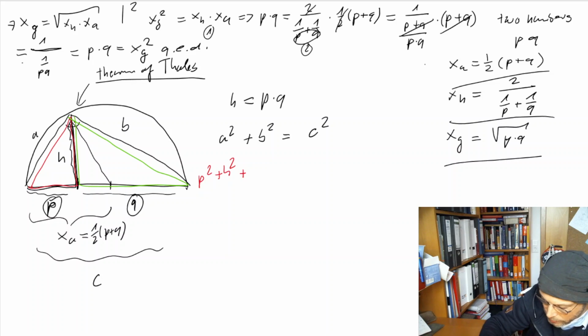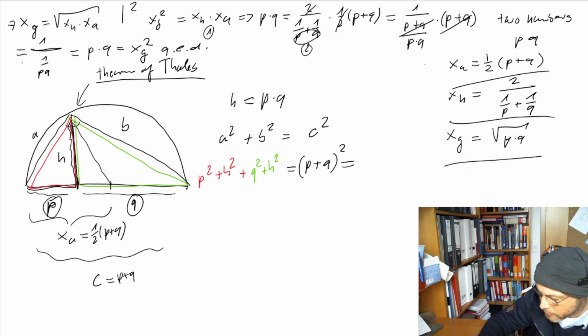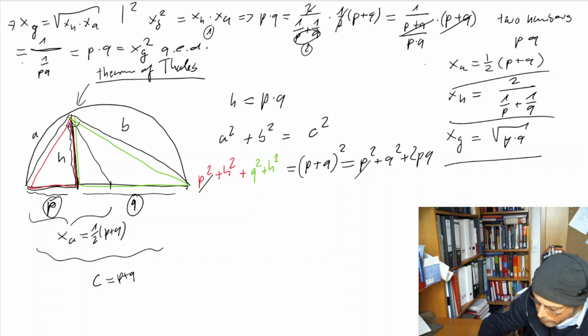So we have also q squared plus h squared. And of course, c is just p plus q. So we obtain p plus q squared. And this is of course p squared plus q squared plus 2pq. So this, this, and this. And we obtain 2h squared is 2pq.